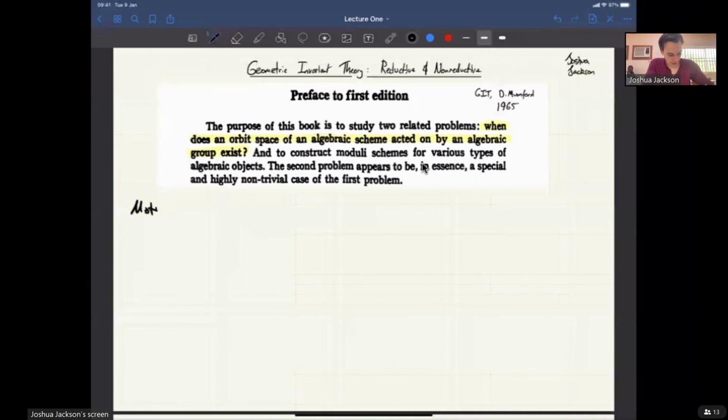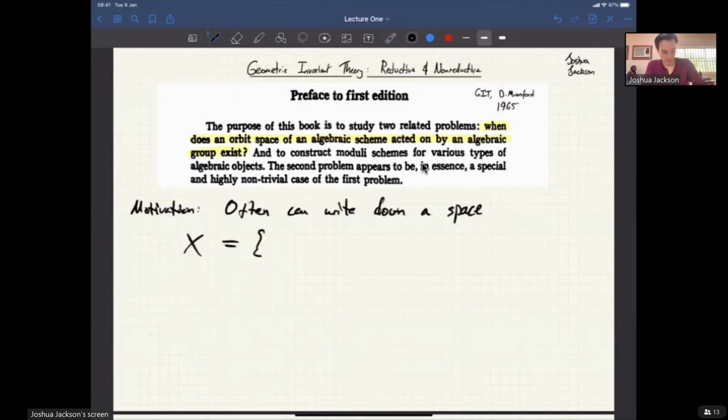The motivation here is that often we can write down a space, let me call it X, which, speaking rather loosely, I'll just call objects plus extra data. These objects, whatever they might be, will depend on the moduli problem we're talking about, but they're going to be objects in algebra or algebraic geometry that we want to classify up to some notion of equivalence.